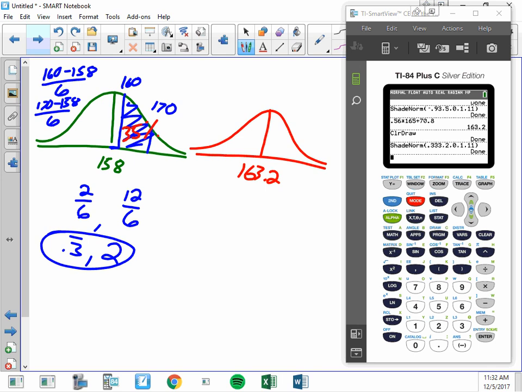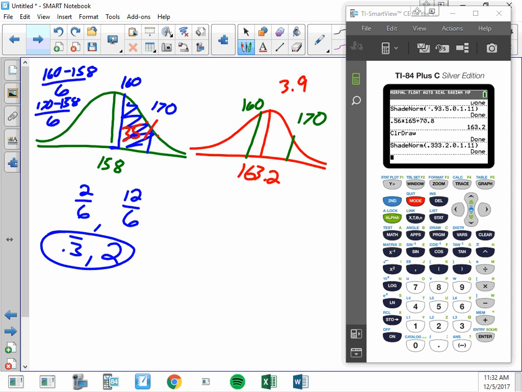And instead of using the SD, we use the RMS error. Because the SD for any column is the RMS error. The SD for every Y value is just the SD. But the SD for any particular column is the RMS error. So my RMS error is 3.9. And I want to figure out everybody from 160 to 170.